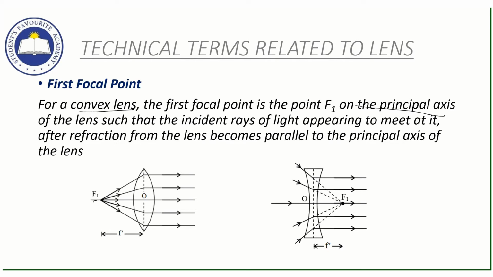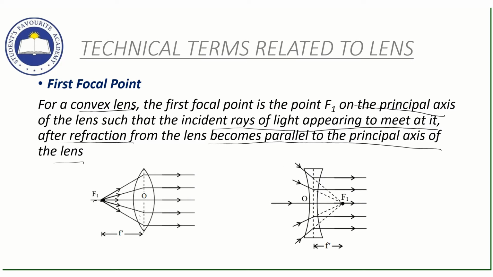For a convex lens, the first focal point is the point F1 on the principal axis of the lens, such that the incident rays of light appearing to meet at it after refraction from the lens become parallel to the principal axis of the lens. So in case of a convex lens, the parallel rays all seem to meet at this first focal point, whereas in a concave lens they appear to diverge.